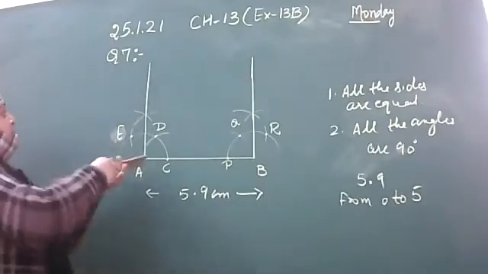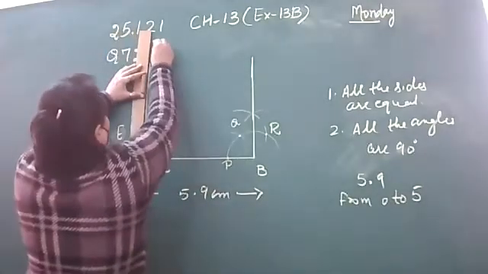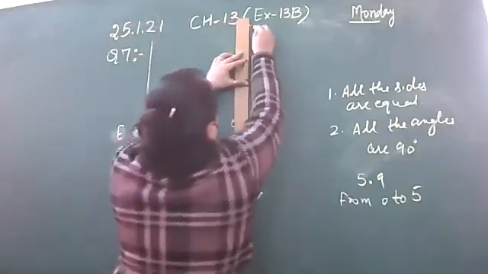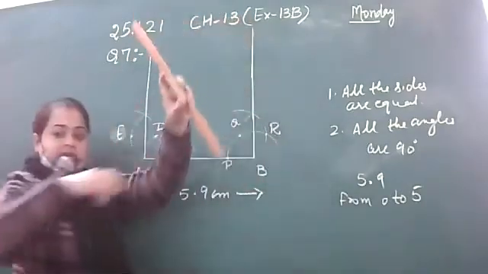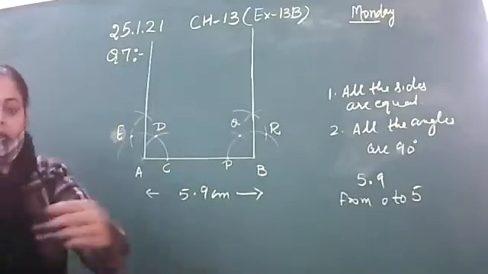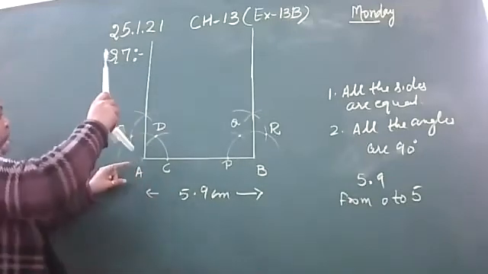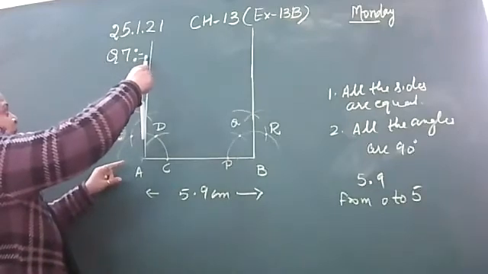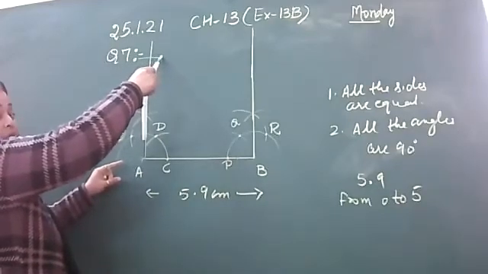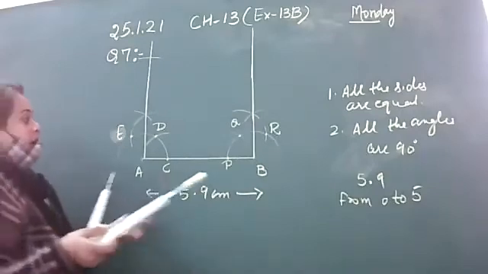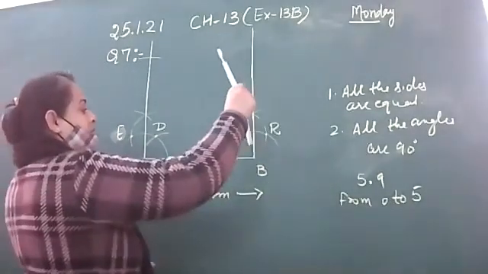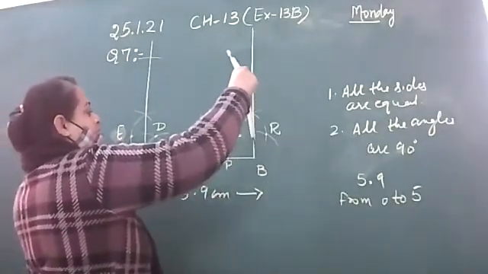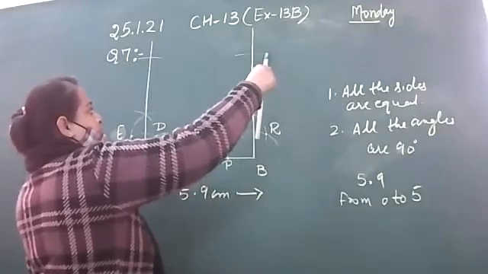If your line is small in size, then extend your line. Now, put your compass at A, mark an arc. Okay, like this. Again, put your compass at B, mark another arc from this.